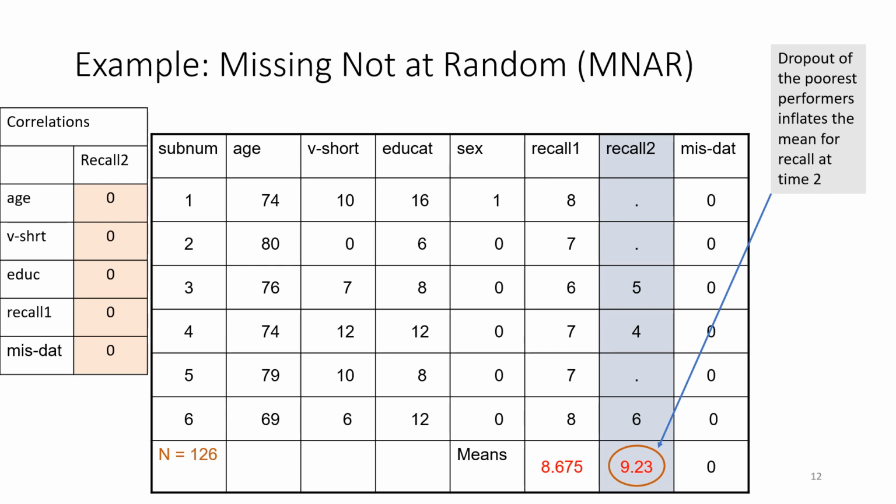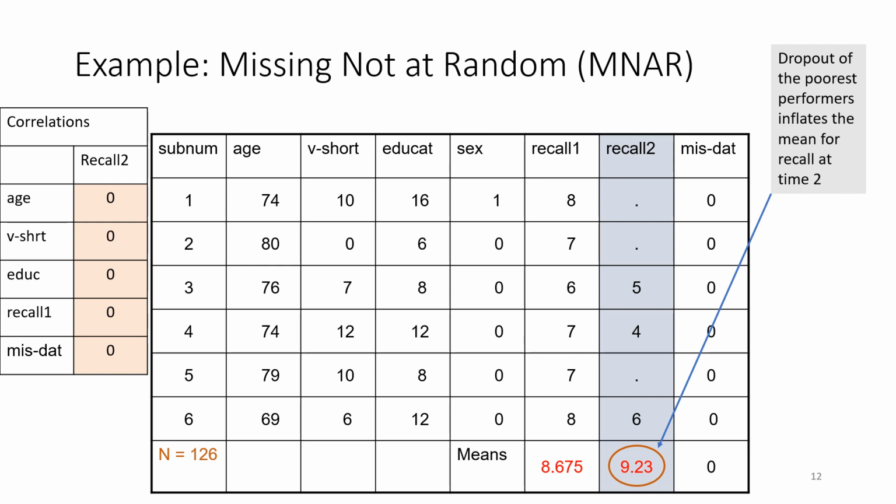Now let's focus on a situation that would be defined as missing not at random. This is a situation in which the scores are missing in a biased fashion. In this case, the poorest performers do not contribute data to recall 2, and we again see that inflated mean of 9.23.